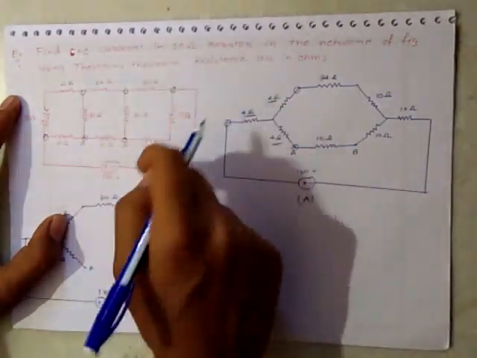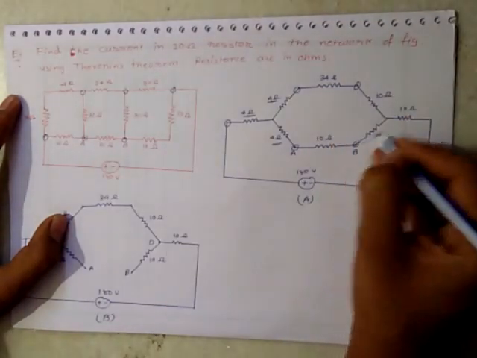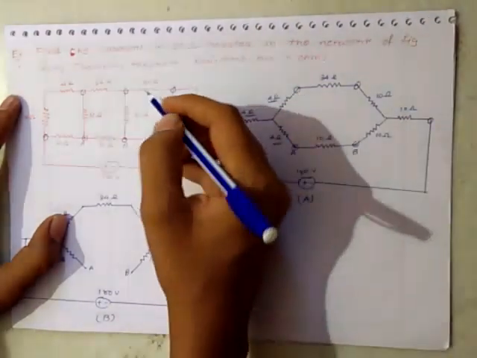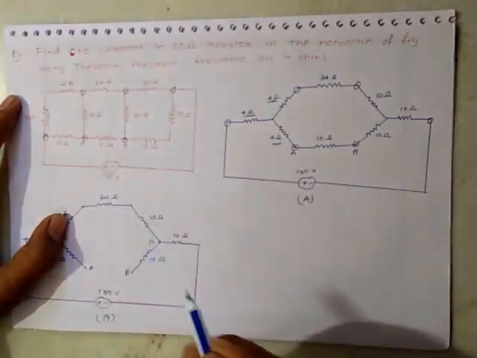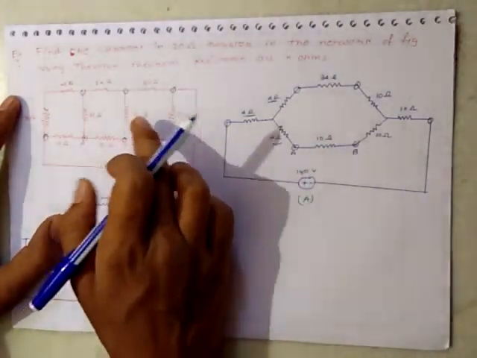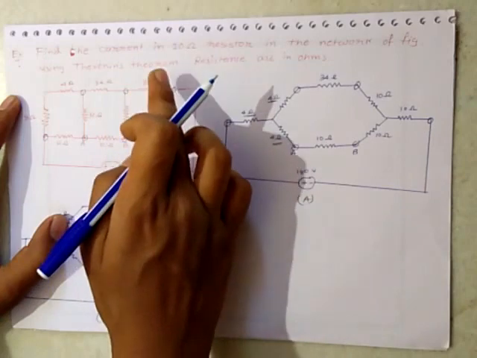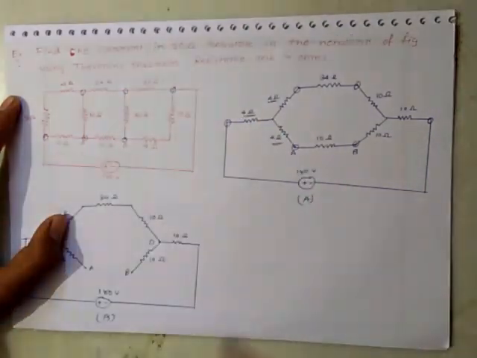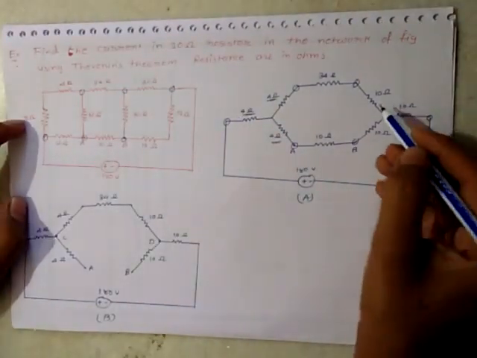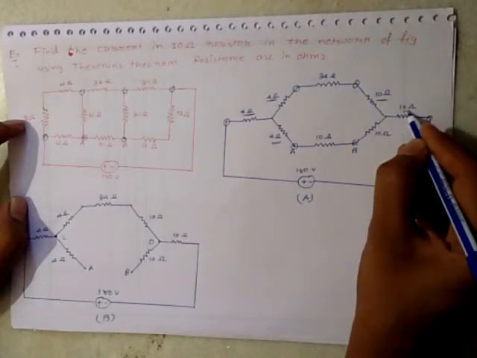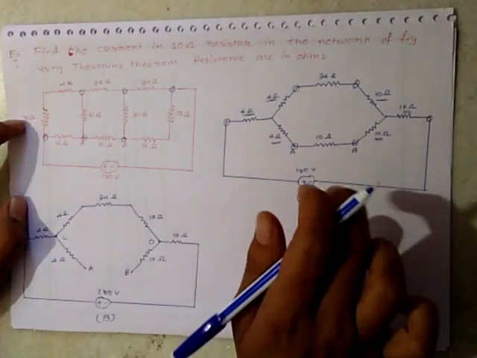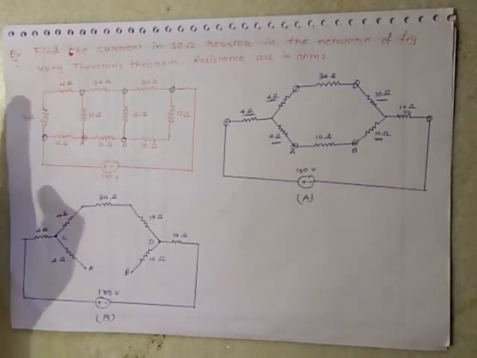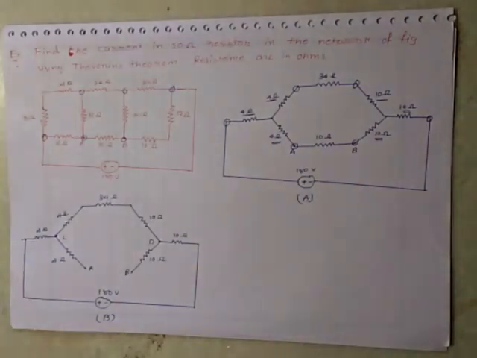Hence, after converting this into star connection and finding the equivalent resistance by dividing by 3, because here also the resistances are the same, 30 ohm, 30 ohm and 30 ohm, 30 divided by 3 is equal to 10 ohm, which will be here 10 ohm, 10 ohm and 10 ohm. This is the star delta conversion. To understand the star delta conversion in detail, we will upload a next video later on.